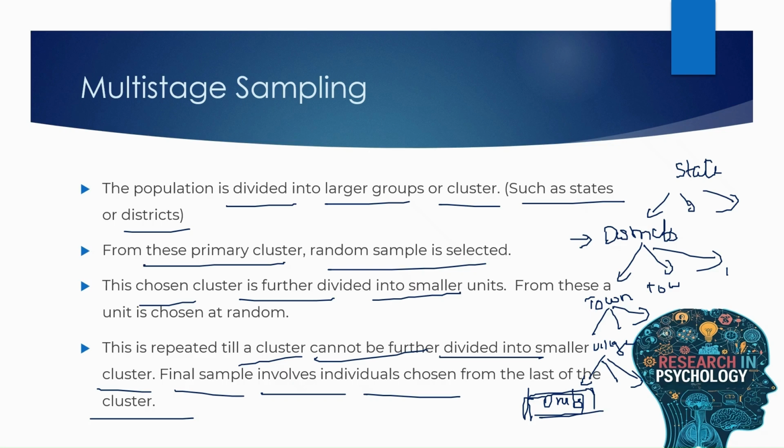Alright, so this is multi-stage sampling, where you have multiple stages of sampling. Country divided into states, and then you randomly choose the state. From the state you divide it into districts, where you randomly choose the district, it is further broken down, and then you randomly select, and this continues till you cannot break anything further. Alright, so this is multi-stage sampling.